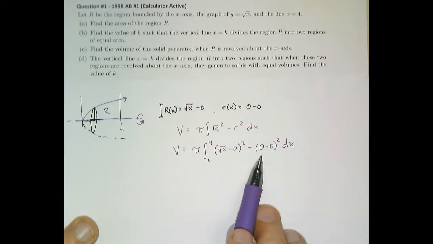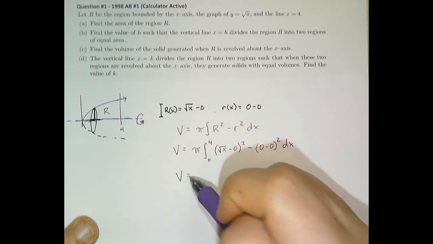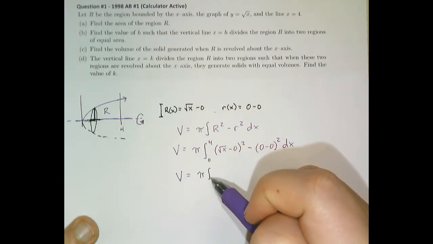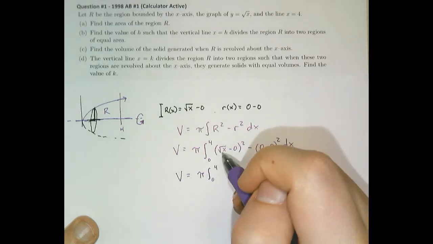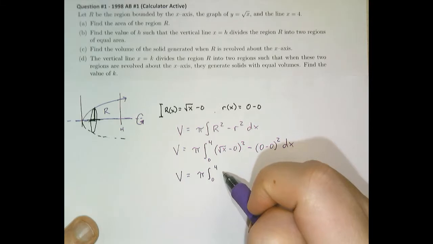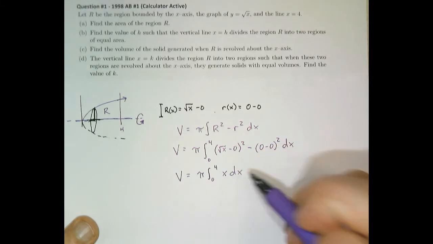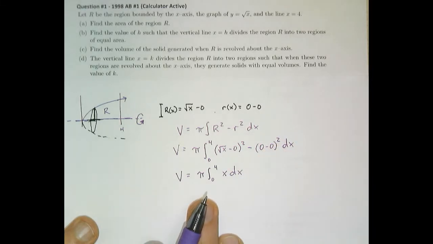Now there's a lot of zeros in here, so depending on who taught you, you probably don't have all of those zeros there, and you just have the root x. Root x squared is x, and there's our most simplified expression for volume before we evaluate the integral.